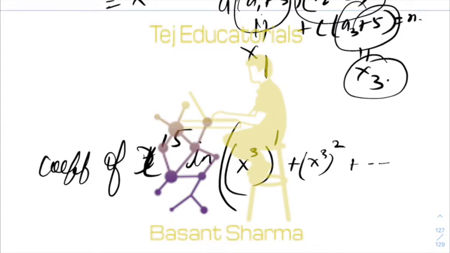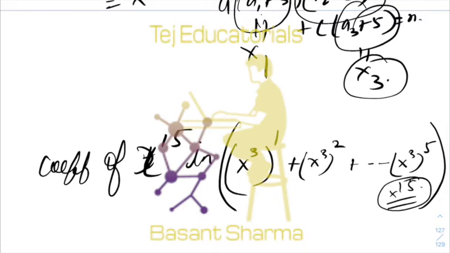Well, it will be x cube into 5, because the maximum power that can be taken is x to the power 15, right? You can't go beyond that. If you want to find for the first bracket, you can't go beyond x to the power 15, right? So this has to be the maximum.